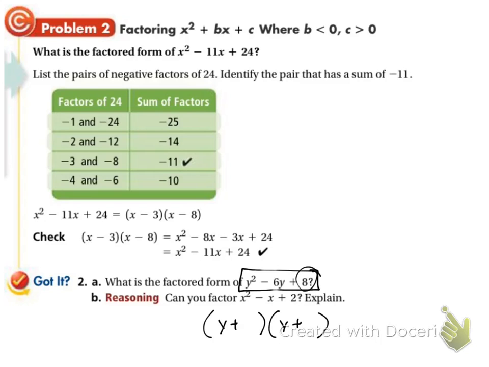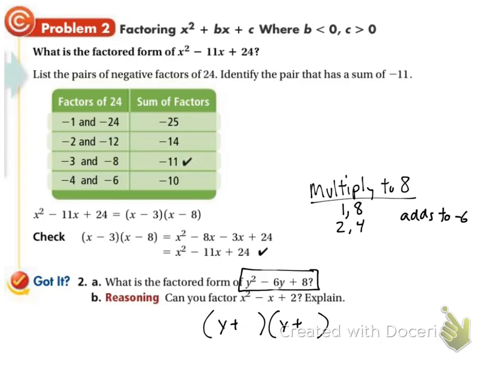And 8 is my last number, so I need to look for numbers that multiply to 8. So that's 1 and 8, 2 and 4, 3 and nothing, and then I get to 4.